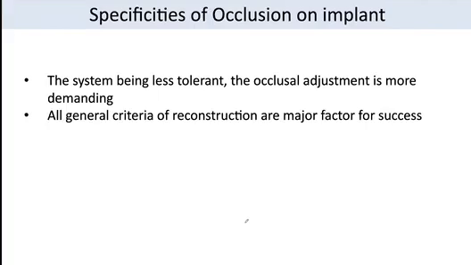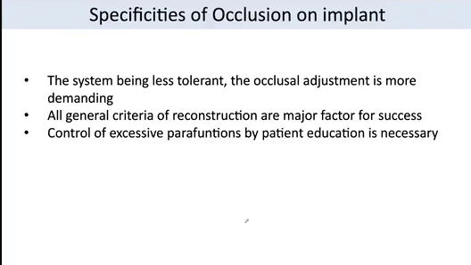All general criteria for construction are major factors of success. Remember the pyramid: for success, all the different general problems must be taken into account before discussing the 30 microns of adjustment.